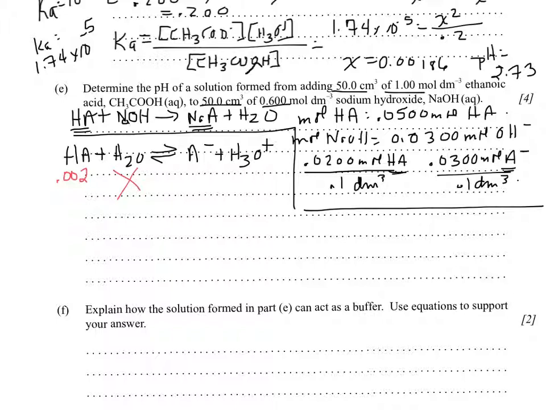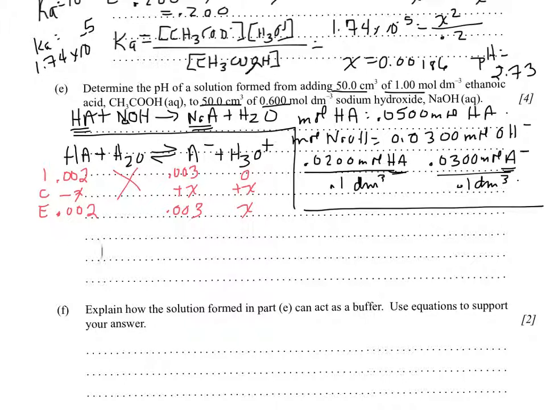I'm not going to worry about water because it doesn't enter in. The anion is going to be 0.3 molar, and I'm not going to have any hydronium initially. Hopefully you can see that it's going to shift to the products because I don't have any hydronium. So this is going to be minus X, and this is going to be plus X, plus X. You're going to assume that X is very small. So at equilibrium, those would be my concentrations.